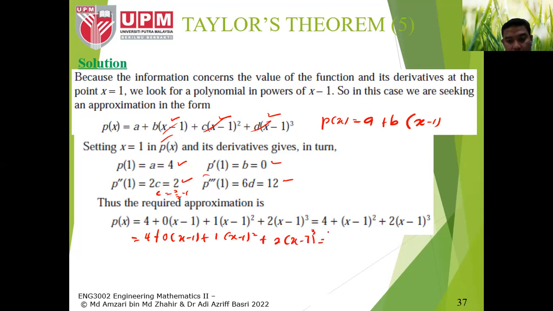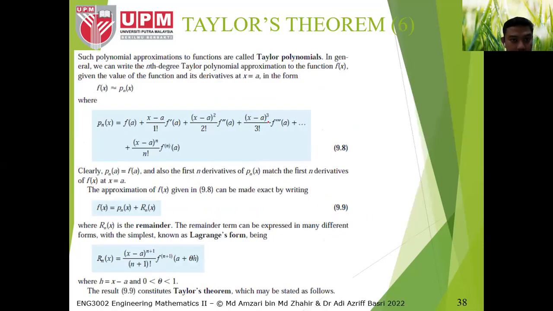So your final function will be 4 plus (x minus 1) squared plus 2(x minus 1) to the power of 3. Such polynomial approximations to a function are called Taylor's polynomial.